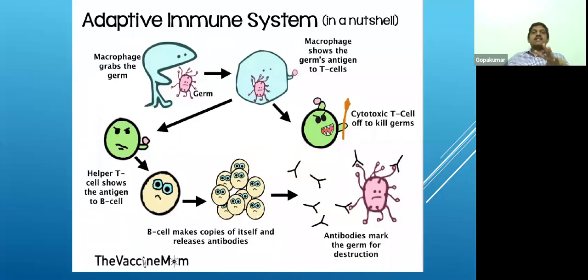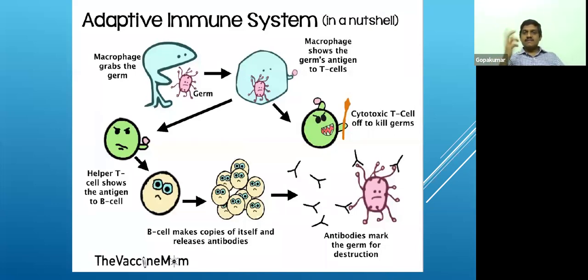If it is an already known germ, that means you got a previous infection, then our body will straight away destroy them. But if it is a new one, then our first layer, the soldiers, do not know how to combat it.